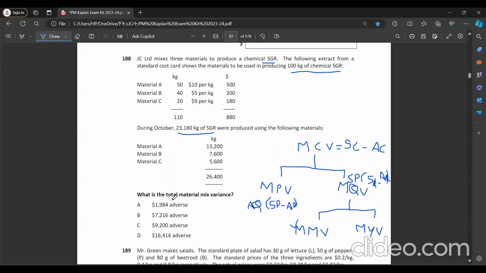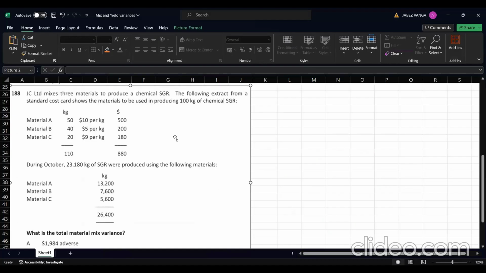We are now calculating the total material mix variance. This question is pasted here in Excel and it says there are three different types of material. The standards are given for 100 kgs of the chemical SGR.